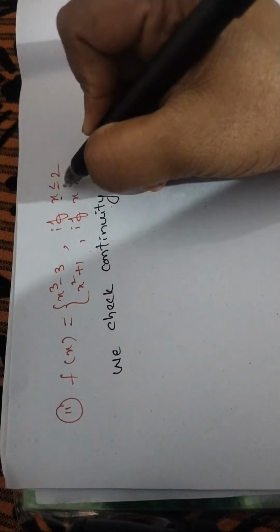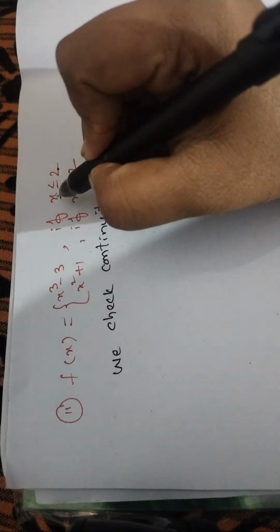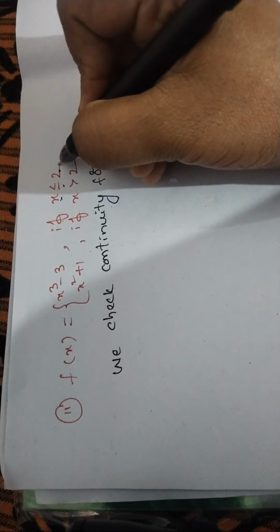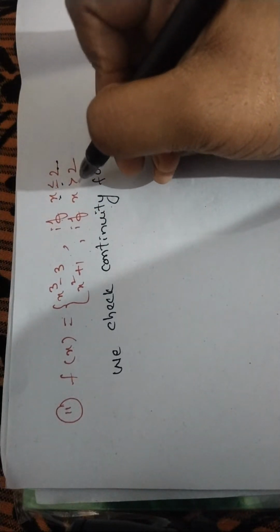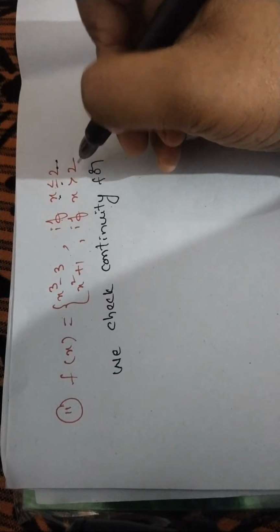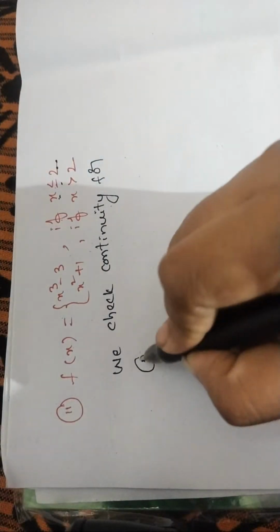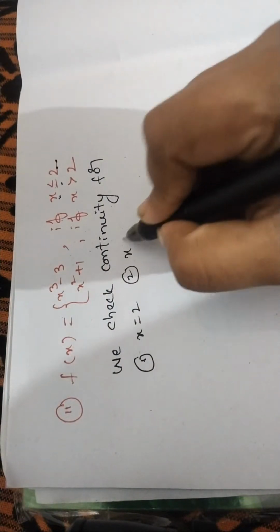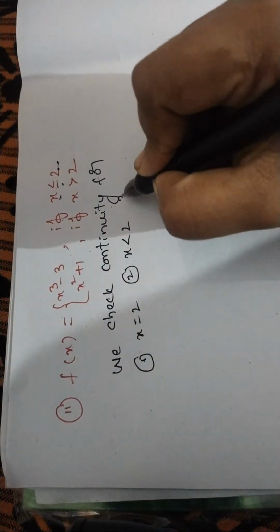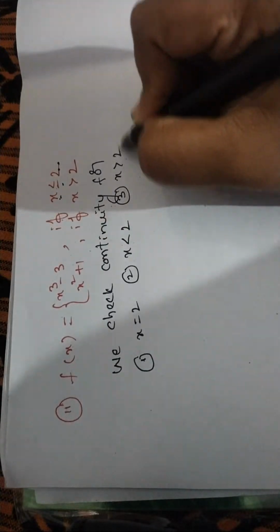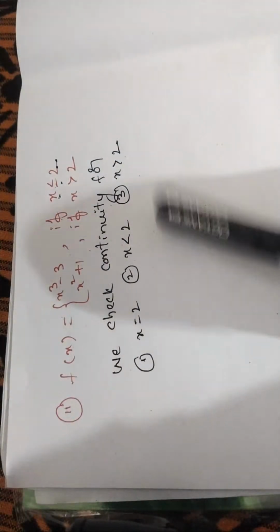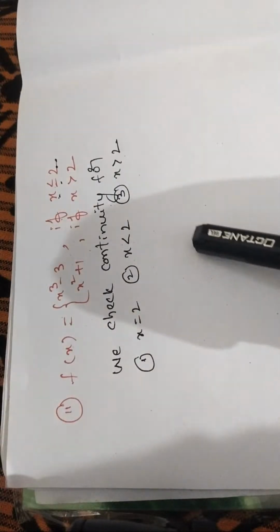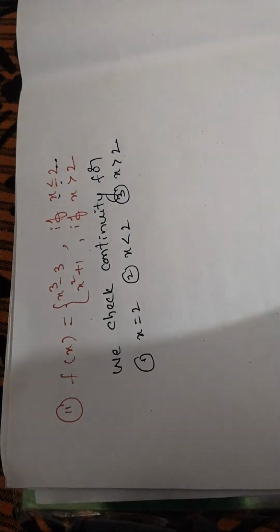One is x is equals to 2, one case. One more is x less than 2, another case. And next is x greater than 2. Total 3 cases are there. First case is x is equals to 2. Second case, x less than 2. Third case, x greater than 2. So for these 3 cases, we are going to check the continuity of this function.